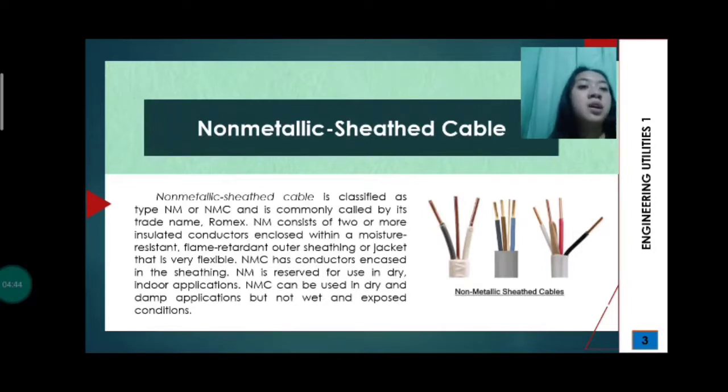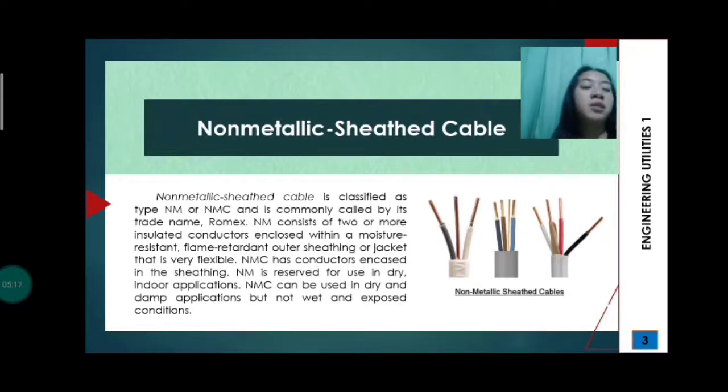NM consists of two insulated conductors, while NMC has a conductor encased in the sheeting. NM is reserved for use in a dry indoor application. NMC can be used in a dry and damp application but not in wet and exposed conditions.